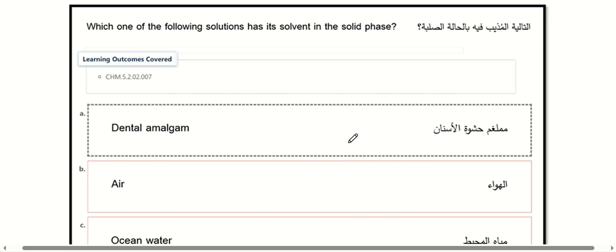The answer is dental amalgam. Why? Because dental amalgam has a solid phase, and the solute will be mercury in silver. Mercury dissolved in silver, meaning liquid in solid.